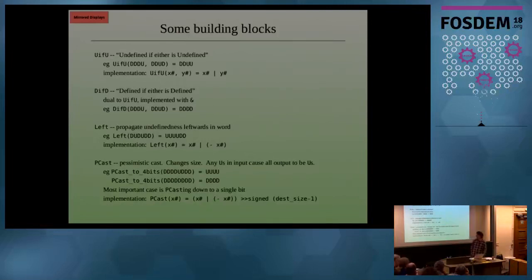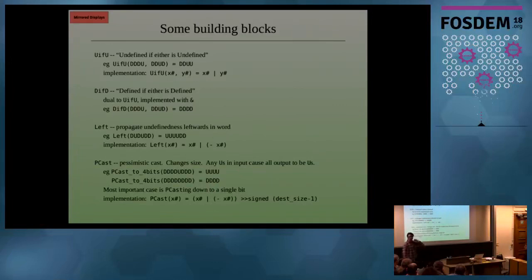And the last building block is this thing called pessimistic cast, which takes some vector of definedness bits and produces a vector of definedness bits of some different size. The idea is that if all of the input bits are defined, then all of the output bits are defined.